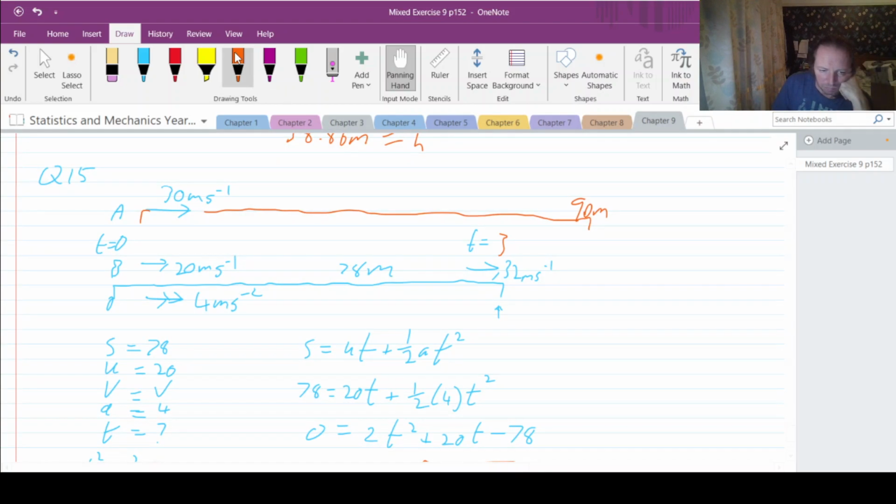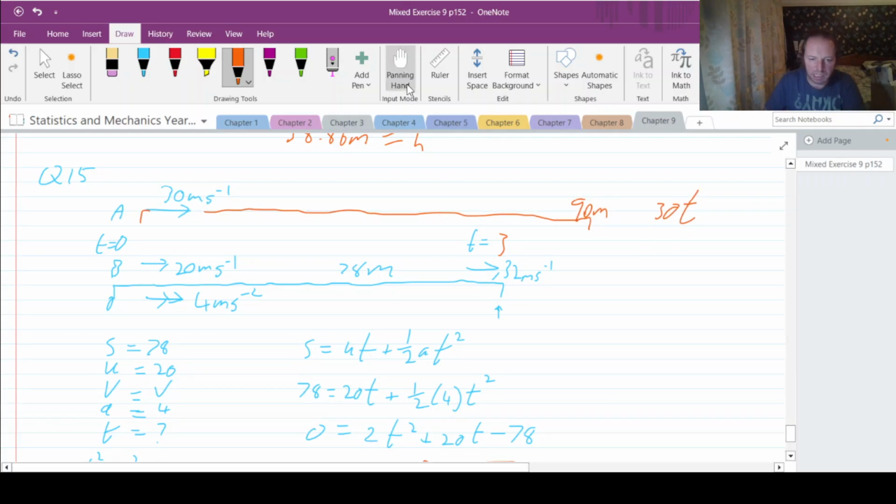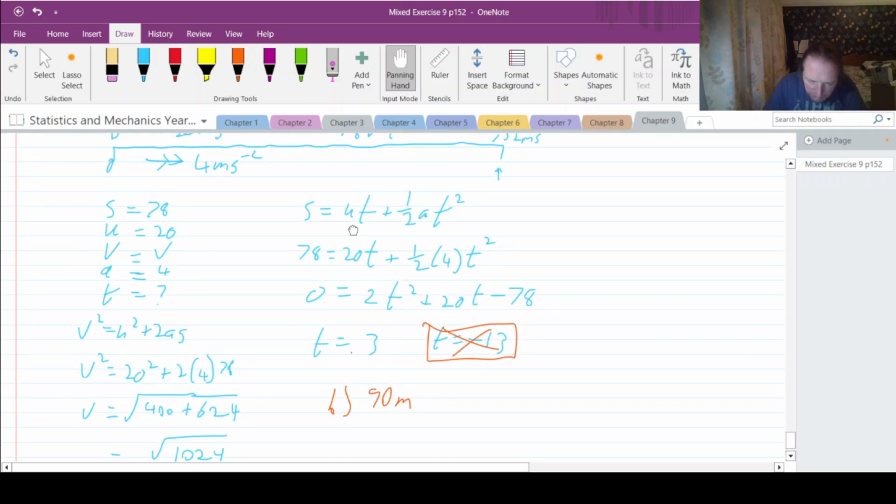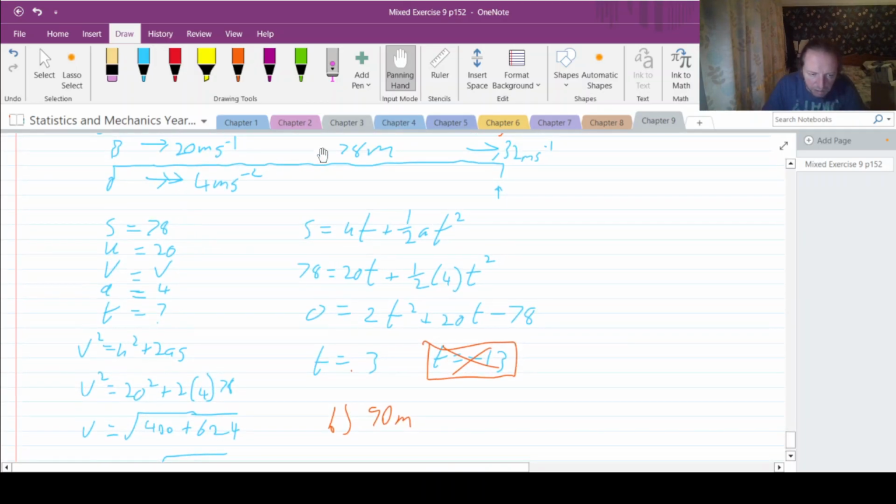Okay, so it's going to be something like the distance of A is basically 30 times t. Okay, so that's how we work out the distance on that one. How do we work out the distance of B? Well, we want something that's s equals, don't we?